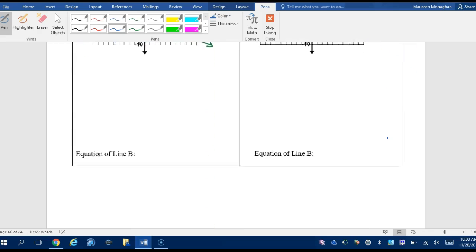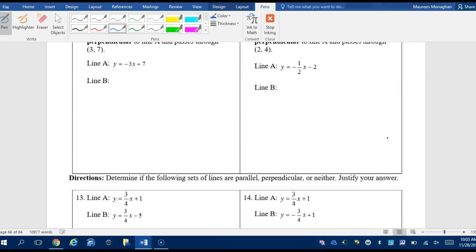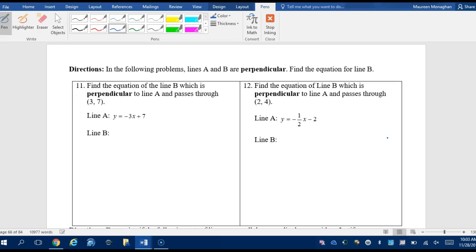Let's see. In the following, find the equation of line B, which is perpendicular to A and passes through 3, 7. Okay? So perpendicular to this one, this slope is negative 3 over 1, so the perpendicular slope has to be, flip it, change the sign, okay, and it passes through 3, 7.